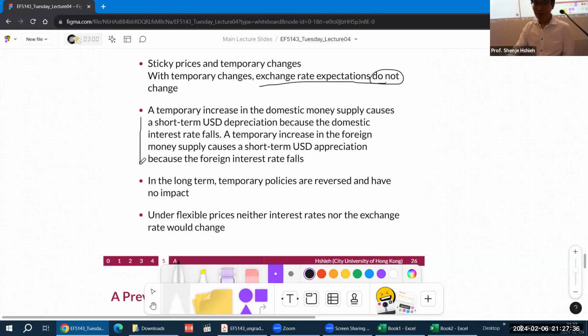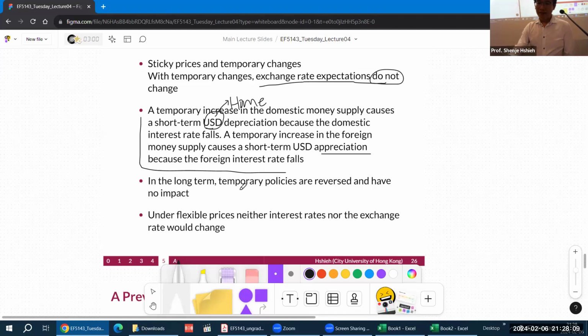And this is the summary of what happened. USD is the home currency, just to highlight to avoid confusion. So the conclusion here is that when there's an increase in domestic money supply, there must be domestic depreciation. And if there's an increase in foreign money supply, there must be domestic appreciation. So it's basically saying the same thing, because the analysis is just the mirror image for the other country.